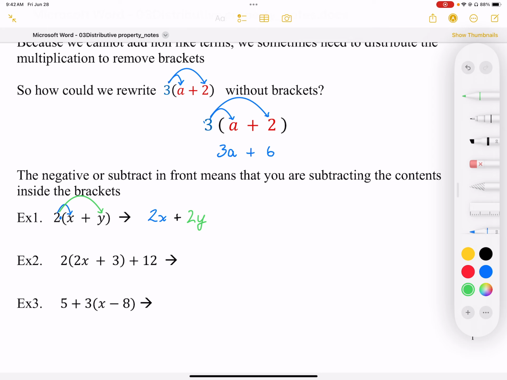We could do the same thing here. There's a bracket here, so that means times. So we're going to distribute the 2 onto here. So 2 groups of 2x's. Well, 2 groups of 2x's means 2 times 2 is 4x's. And remember, it's not 2 times 2 and 2 times x, it's just 2 groups of whatever we're counting here.